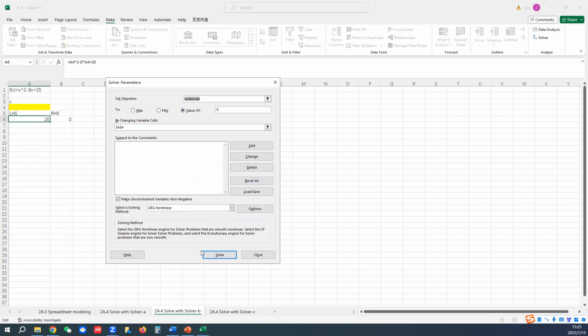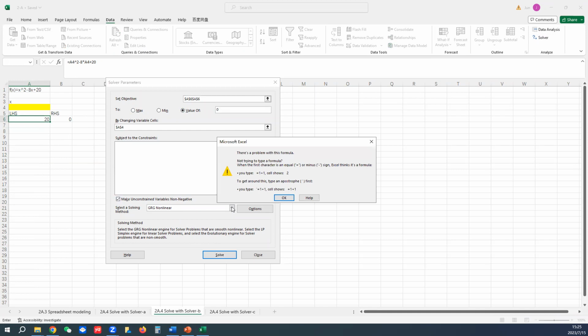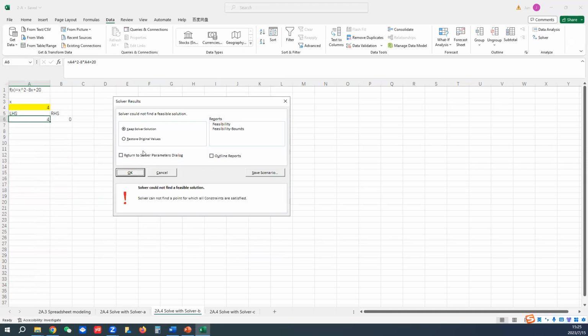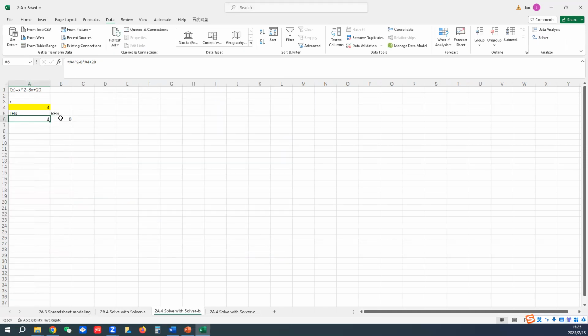Hit solve. Cannot. Select that again. Hit solve. As you can see, it actually doesn't hold, right? So that's why this has no solution. And you can verify by going to the root determinant again.